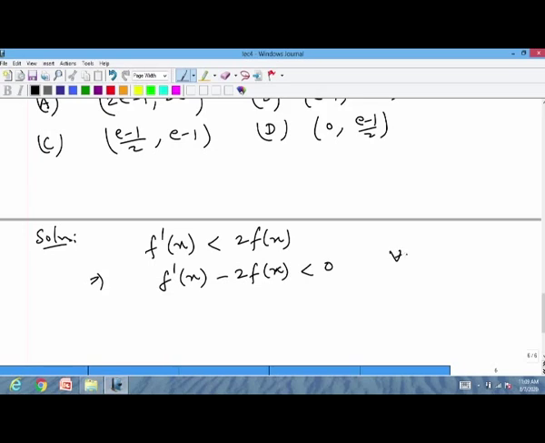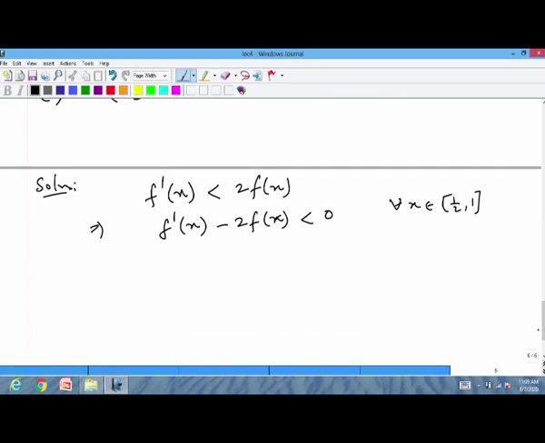This is for all x in half to 1. Now, what we can do is we multiply this by e to the power minus 2x. So, e to the minus 2x times f prime x minus 2 f x. We know that exponential is always positive. So, this will also be less than 0.